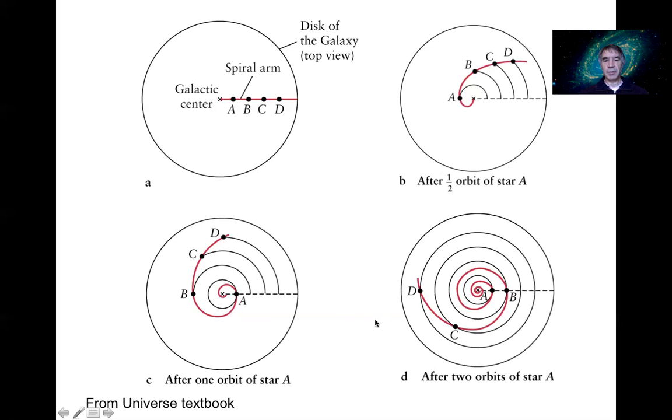But if we now let everything move on another orbit of A, A has now gone round twice, and D has still only gone around half an orbit. You can see that the line joining the 4 stars is already wound up much tighter than we actually see in typical spiral galaxies, and that's only a couple of rotations of the innermost star. So this is the kind of prediction that you would get if the spiral arms were a feature of the stars and gas themselves.